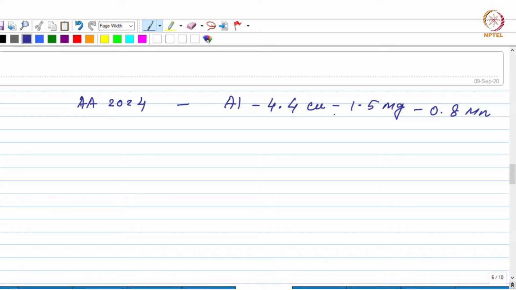So when you have a second alloying element present, which is magnesium in this case, the precipitation sequence and the precipitate can also change. For example, you can have the GP zones forming, but the composition of the GP zones will change because now, apart from the copper atoms, the magnesium atoms will also join the GP zones.